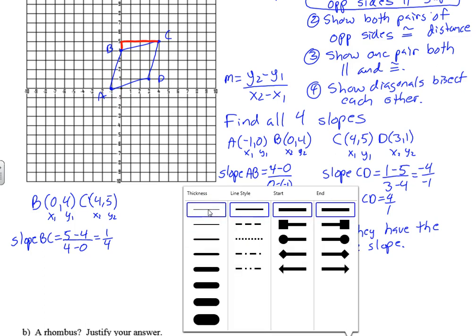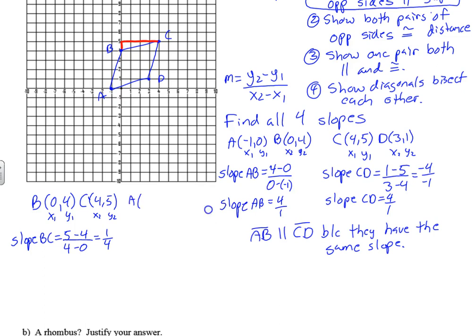All right, and then we have the last one. That side should be parallel to BC. A is negative 1, 0, and D is 3, 1. So x1, y1, x2, y2.